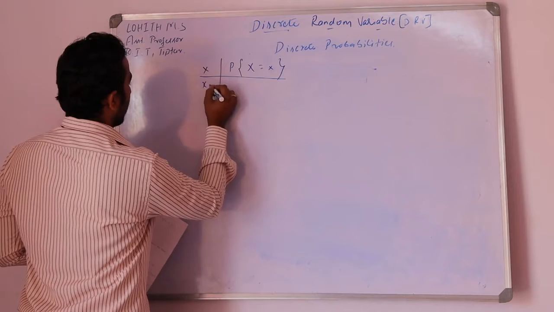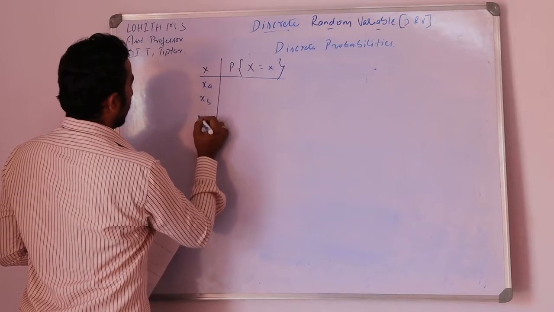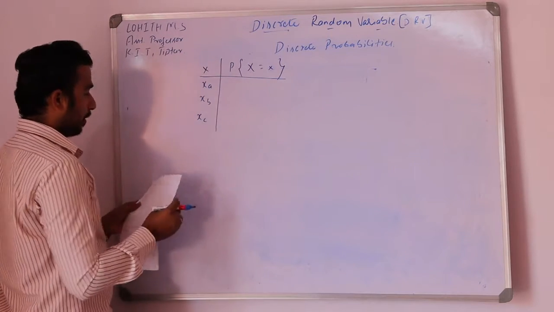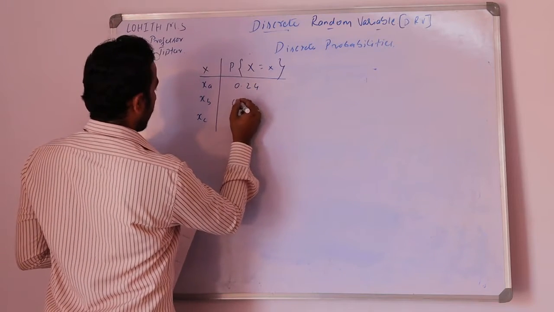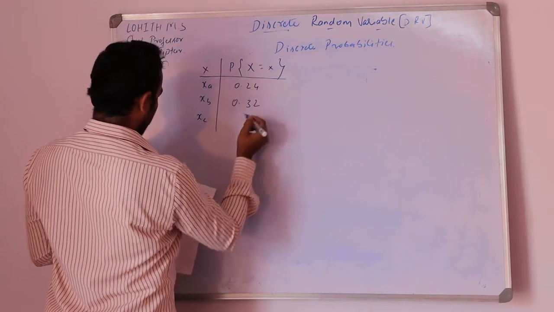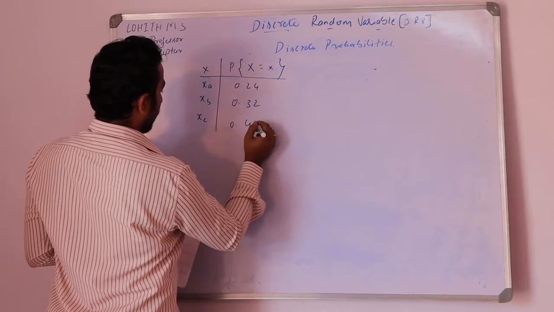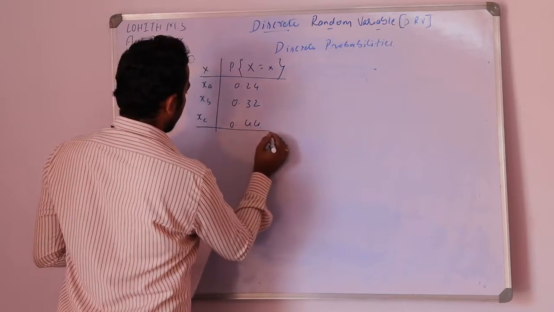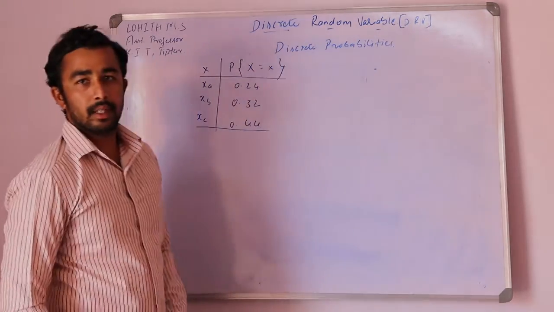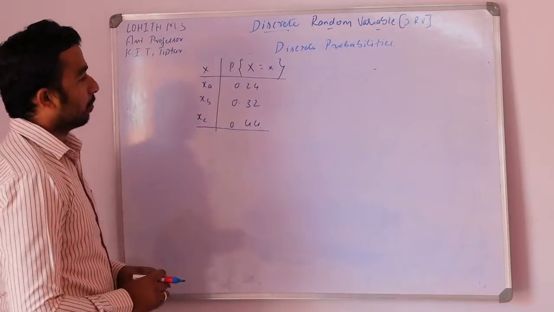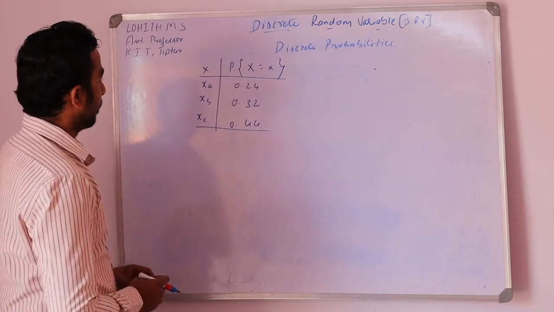So here it has xa, xb, xc and the values 0.24, 0.32, 0.4. I need to find the probability density function and cumulative distribution for this.